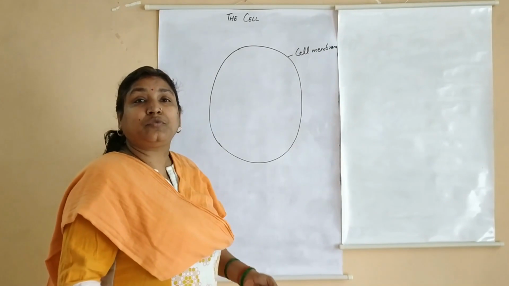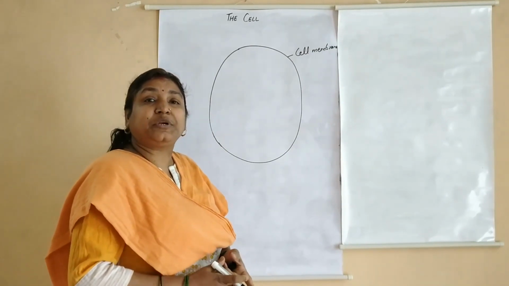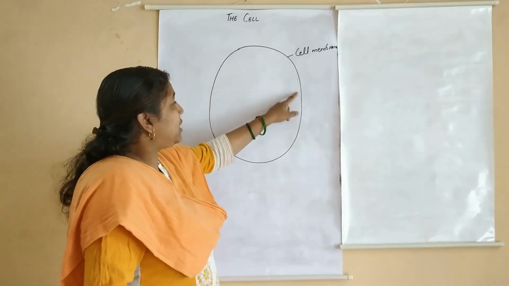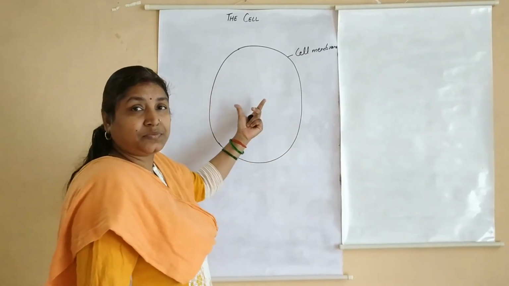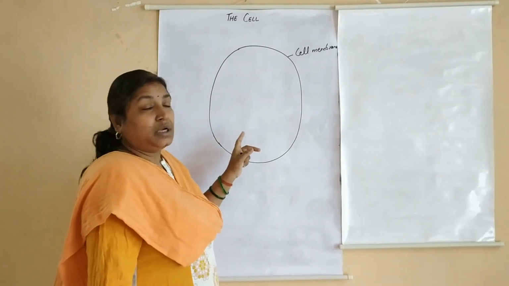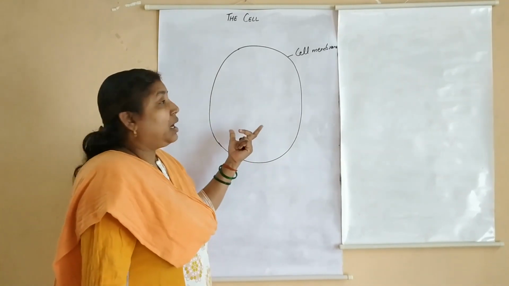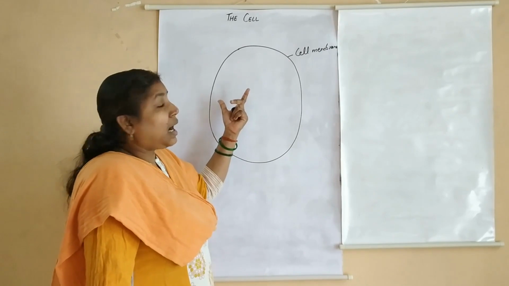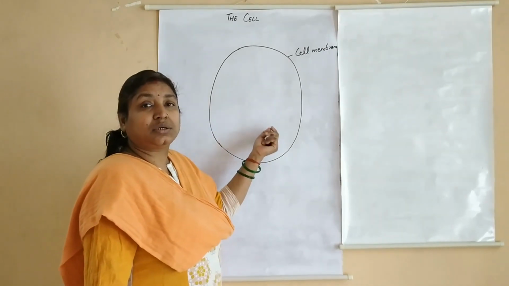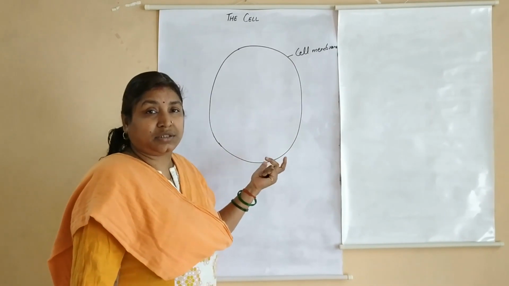They are made up of phospholipids and proteins. It protects the cell content, whatever content is present inside the cell is protected by the cell membrane. It gives a shape to the cell and also is selectively permeable. It allows only certain things to enter inside the cell.